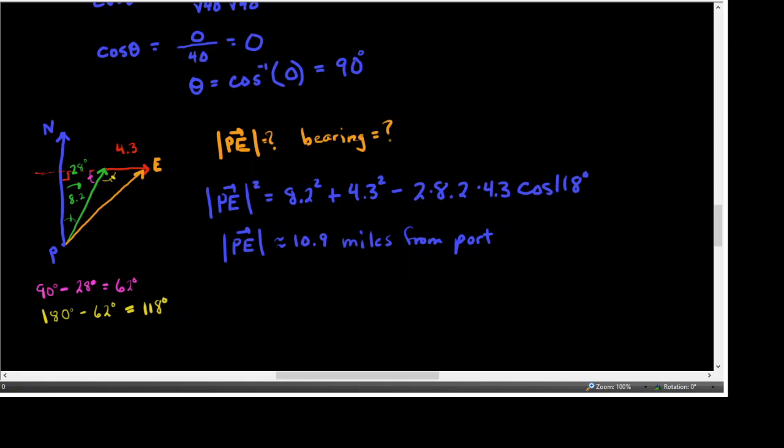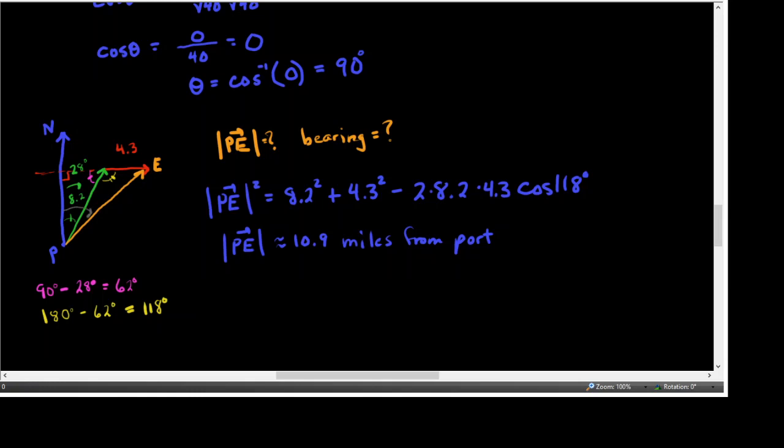Okay. Now the other question is, what is the bearing? To get the bearing, we need to realize that it's going to be measured from north to the PE vector.